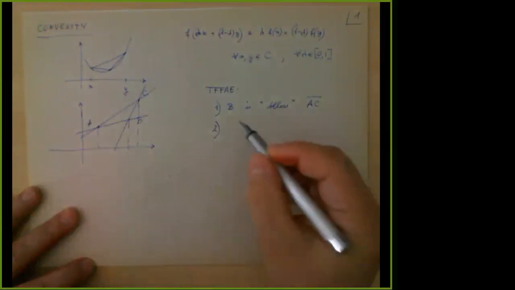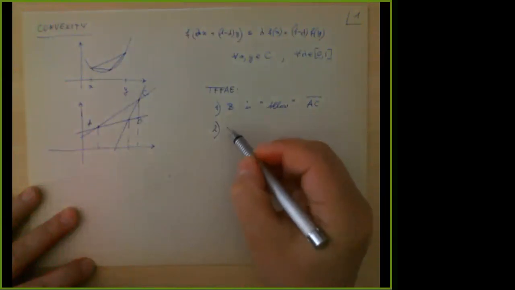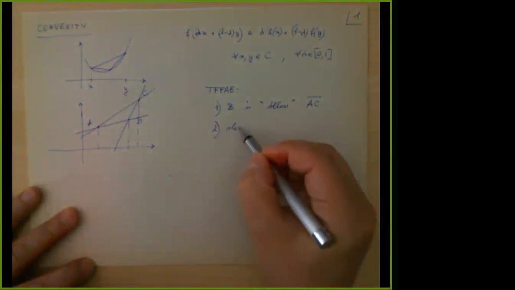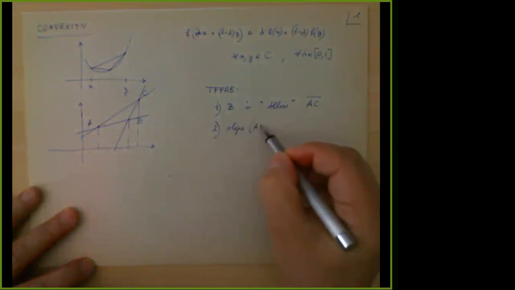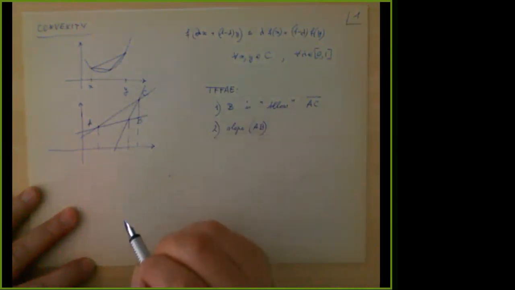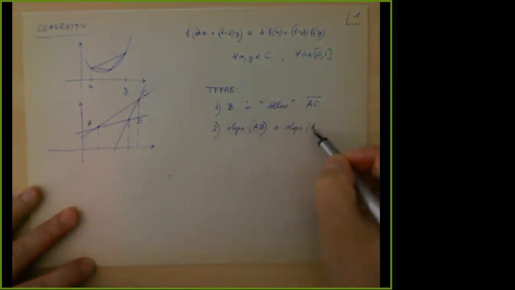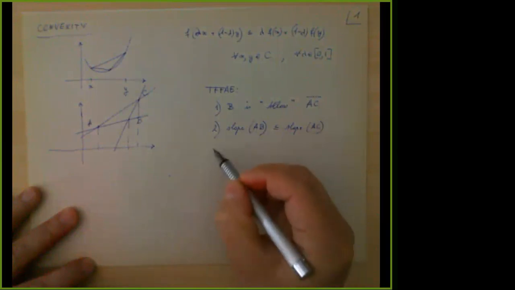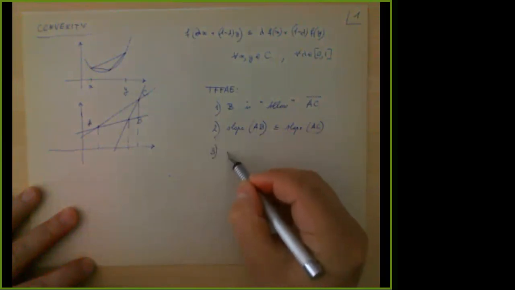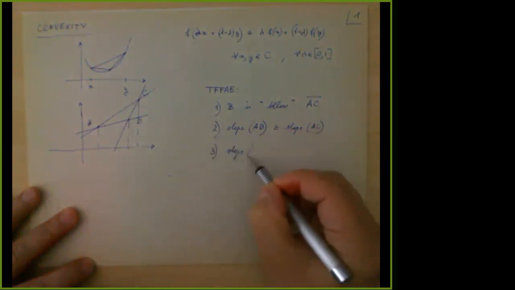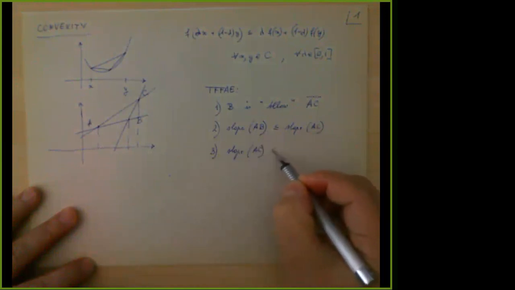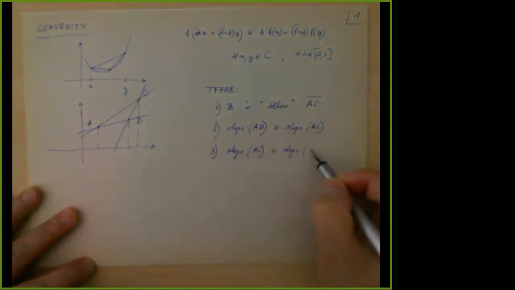And also everything can be made precise in the following statements: 2, the slope of AB is less or equal than the slope of AC, and 3, the slope of AC is less or equal than the slope of BC.